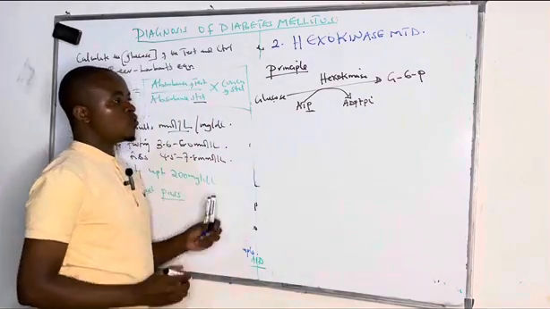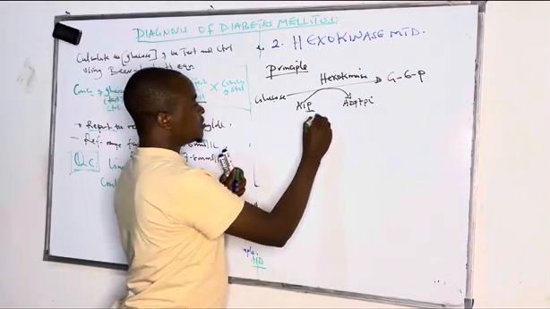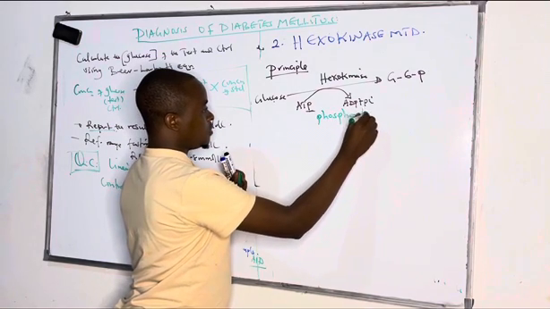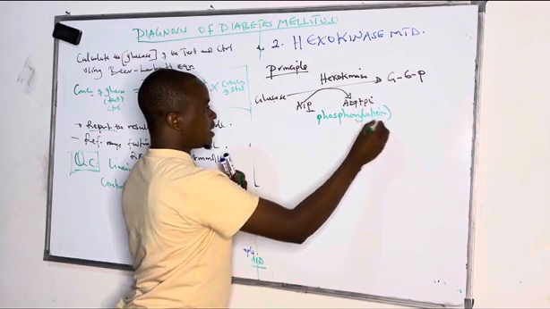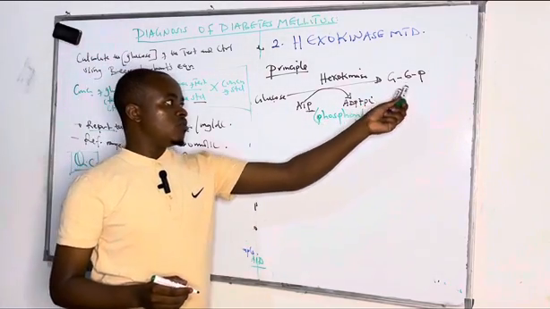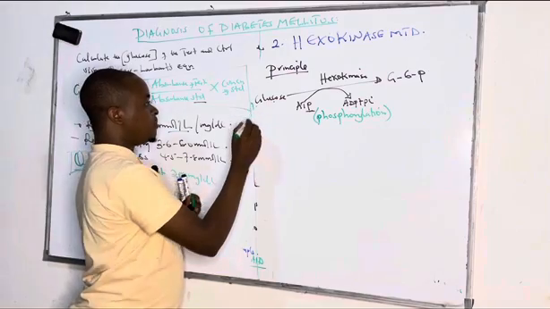So what is the hexokinase doing? It is catalyzing the phosphorylation. Phosphorylation means it is adding a phosphate group at carbon number 6 of glucose to form glucose 6-phosphate. That is point number 1.